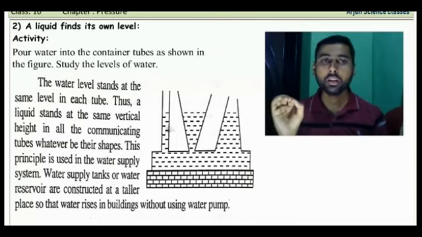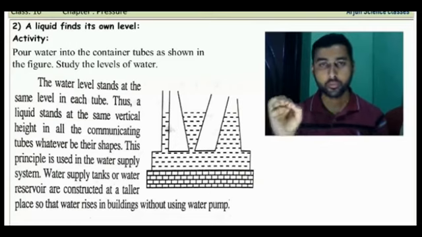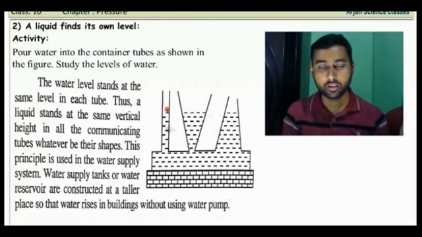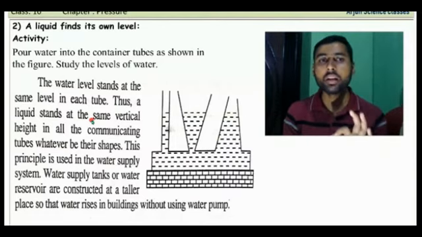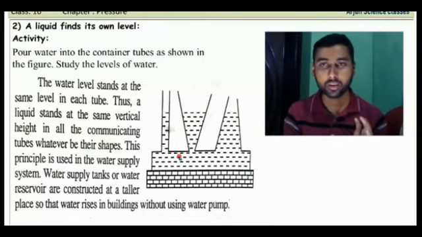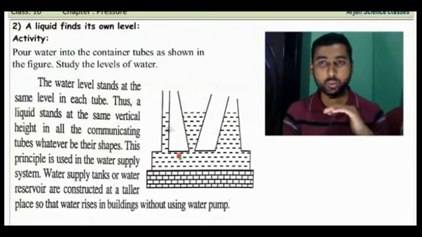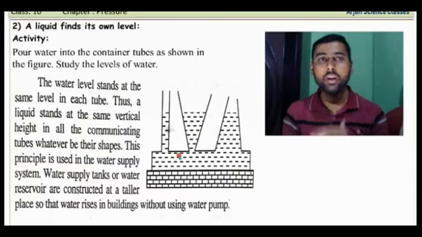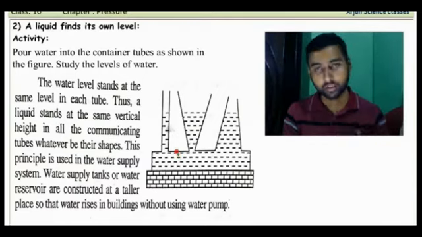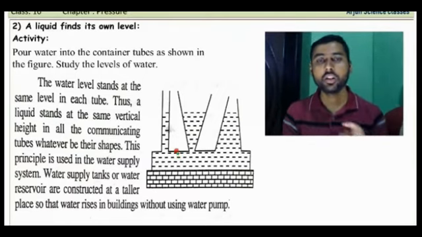The water level stands at the same level in each tube. Here you can see this is the level of water. Thus, the liquid stands at the same vertical height in all the communicating tubes, whatever be the shapes. It does not depend on the shape of the container, and we know that liquid maintains its own level.